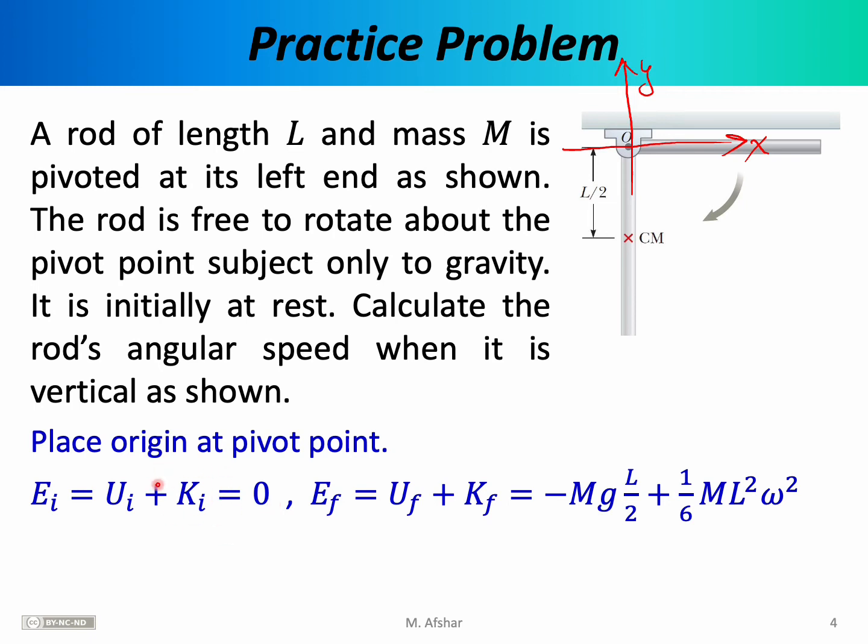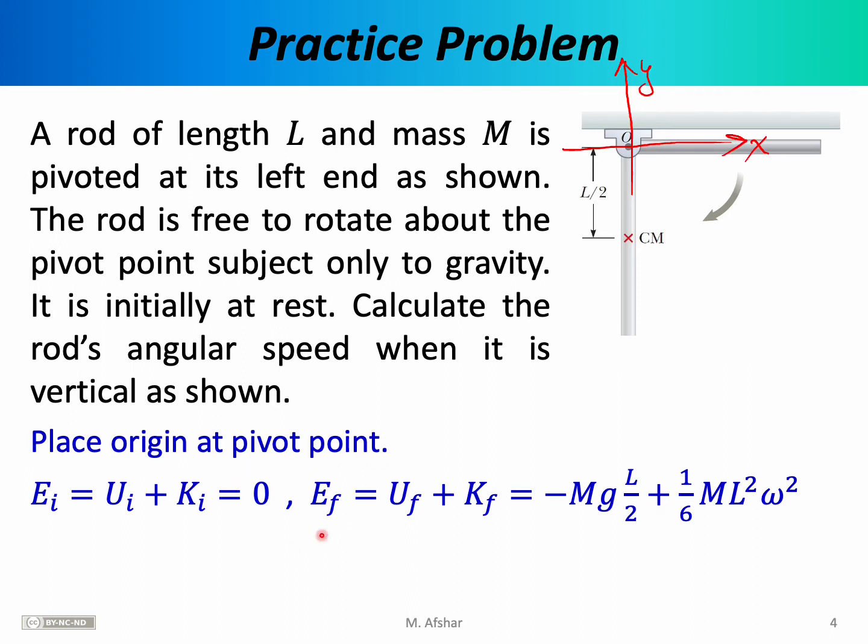And if I asked you what's the height of the rod, more precisely what's the height of the center of mass of the rod, you would say the height is 0. So mgh, which is the gravitational potential energy, would be 0. So really the initial mechanical energy of the system is simply 0.